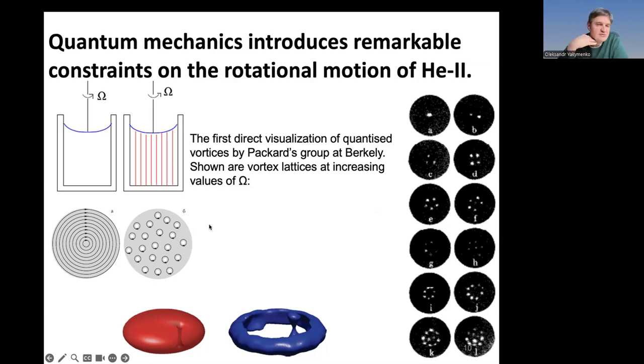This is an analog of vortices in superconductors. But here, this vortex is a quantum of angular momentum. If you have a lot of such vortices, the total flow will tend to be similar to solid body rotation. But for few vortices, it's quite different.